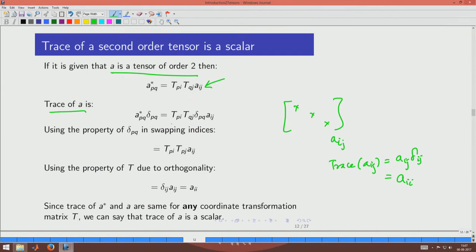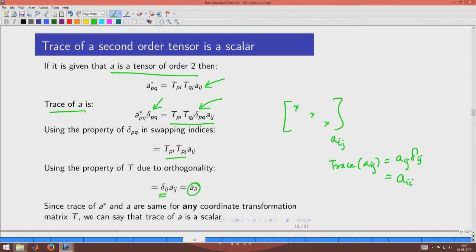So, we now take this quantity and introduce delta because we want to take a trace. Now, once you take the trace, you can see that the same properties of the Kronecker delta can be used to swap the indices, and then we get the two transformation matrices, and then we use the orthogonality of the coordinate systems to reduce the two transformation matrices into the delta, and then we see that the trace comes out here.